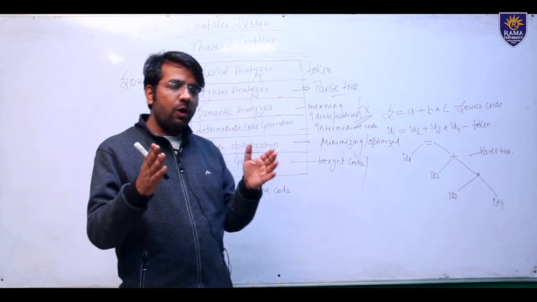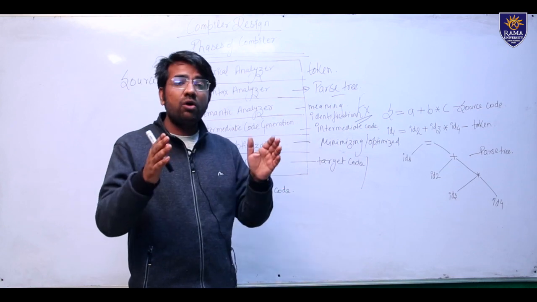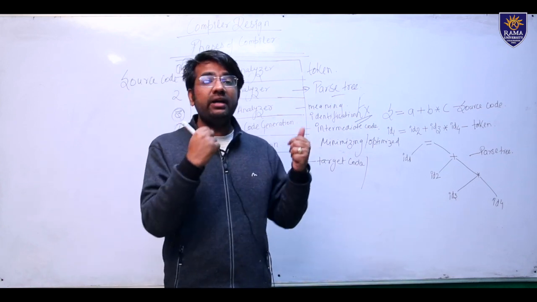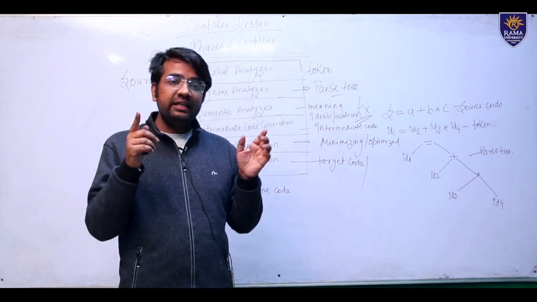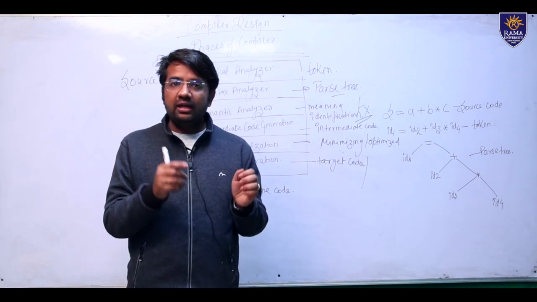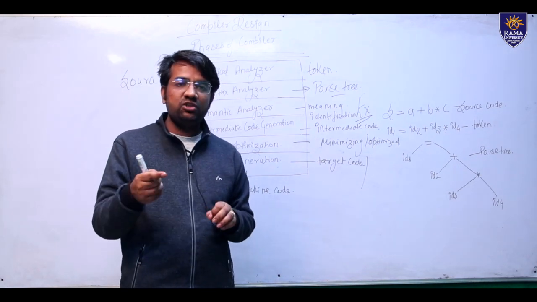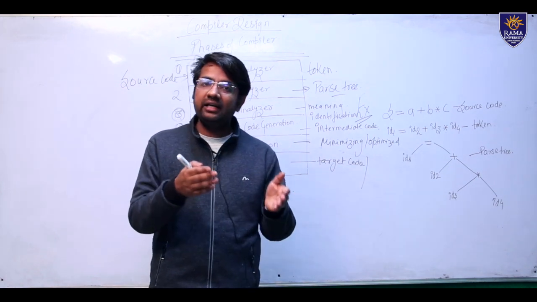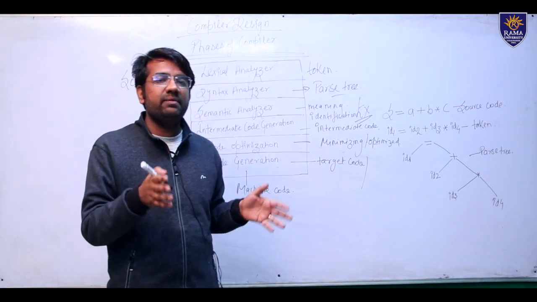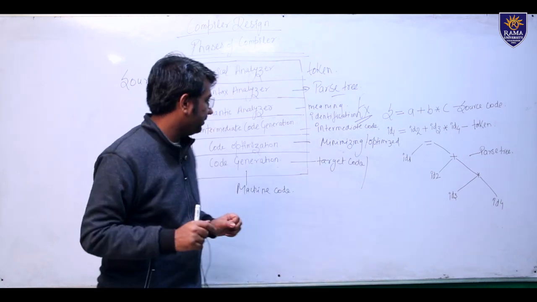In the code optimization phase, the whole source program in the form of intermediate code is optimized. It reduces the size of your program, increases the efficiency of the program, and reduces both space and time complexity.